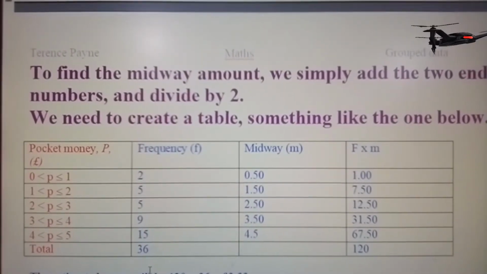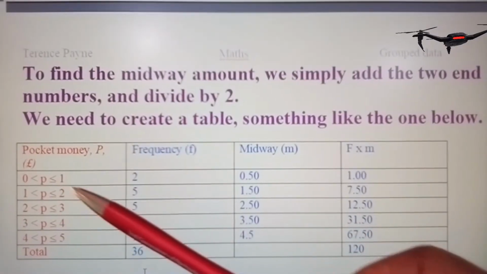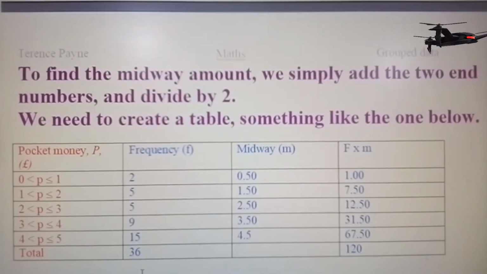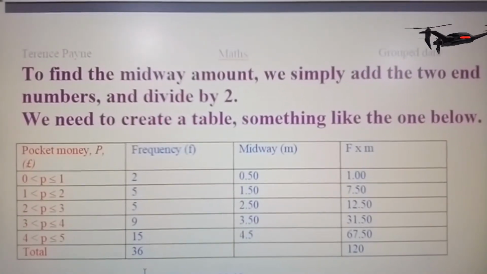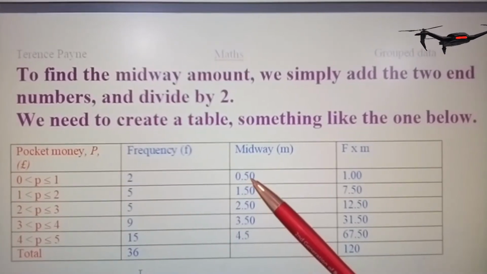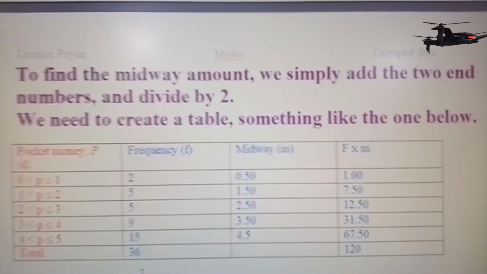Now, if you add 0 and 1, it gives you 1. And if you then divide 1 by 2, it gives you 0.5. And that is the 0.5 here.